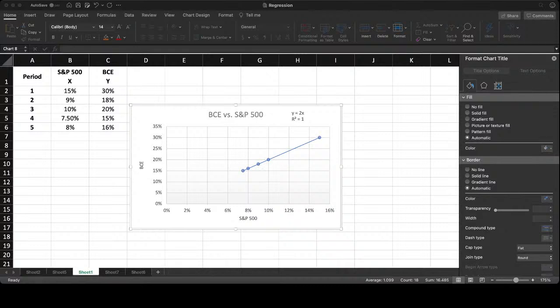Okay. So no questions about that? So those steps: scatter, trend line, and trend line options.